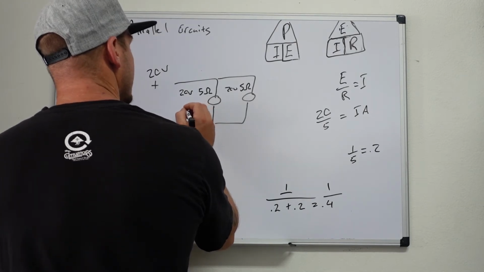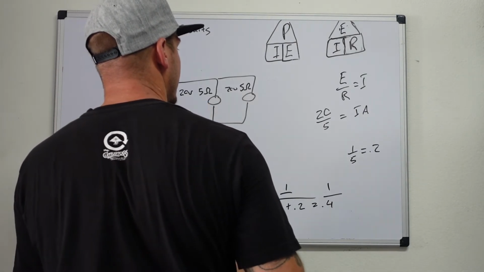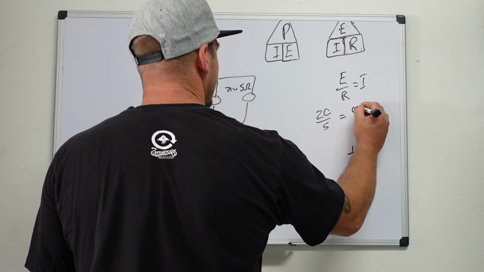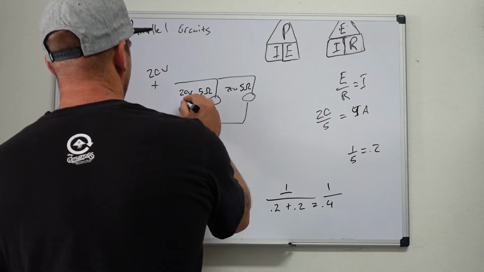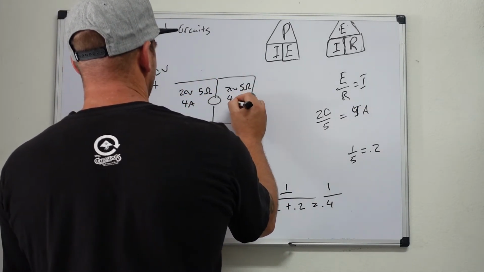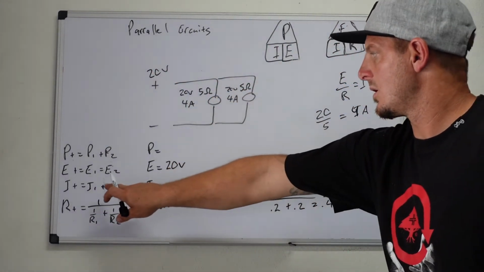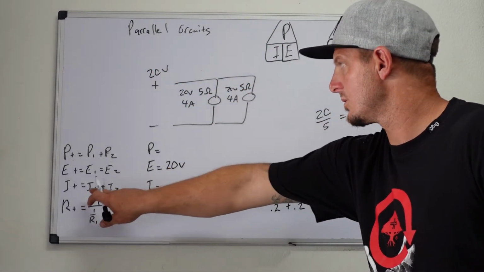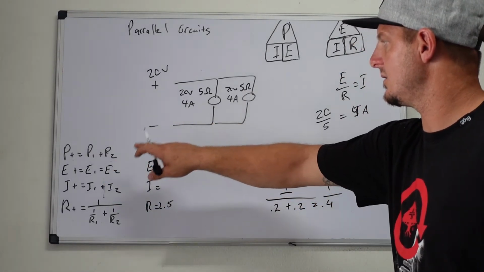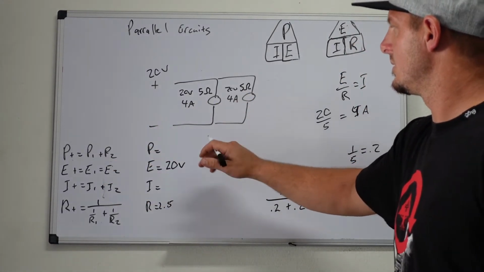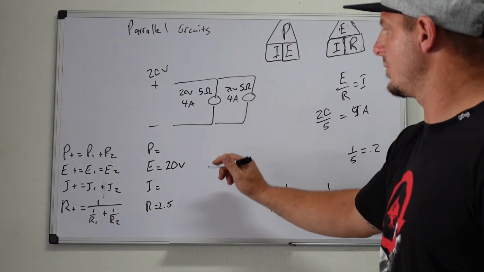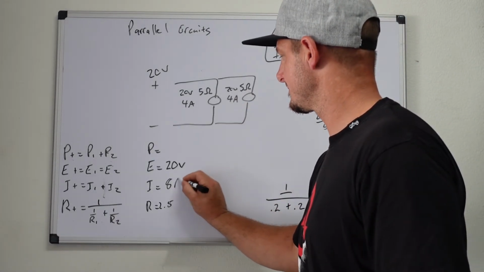We got 4 amps, right? So the total is 1 plus 2. So 4 plus 4 equals 8 amps.